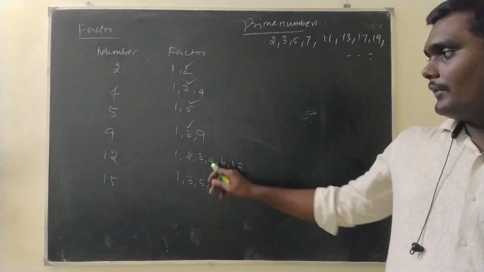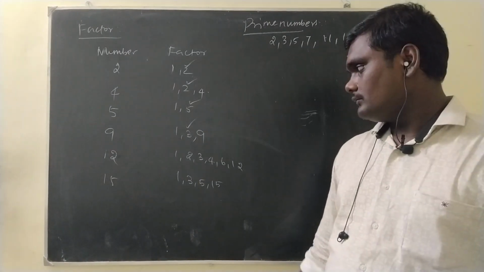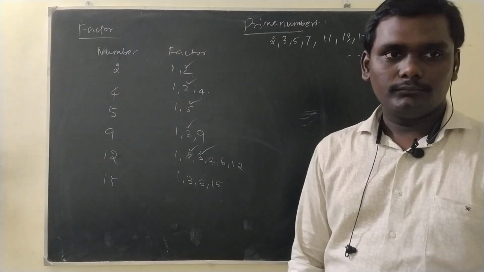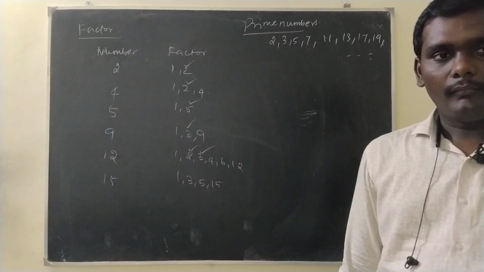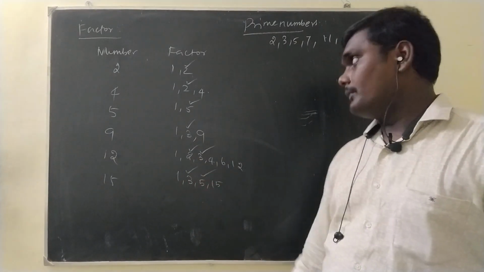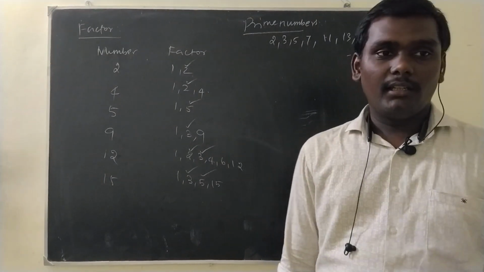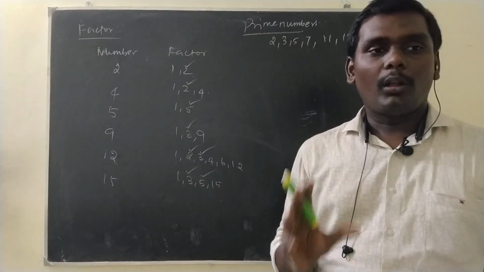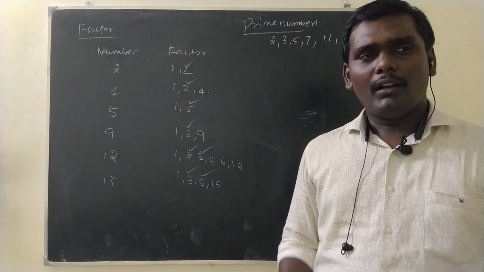What are the prime factors of 12? 2, 3. That's all. Prime factors of 15: 3 and 5.